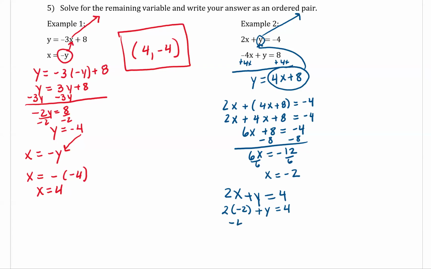Solve for y. Yeah, I forgot my negative. Here it is. Don't panic. So my ordered pair is -2, 0.